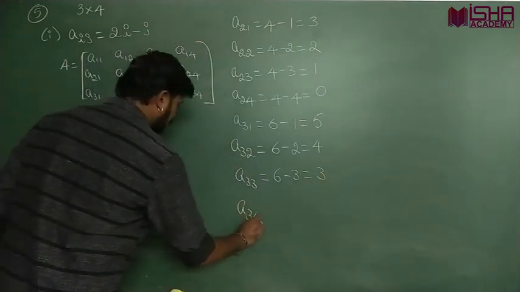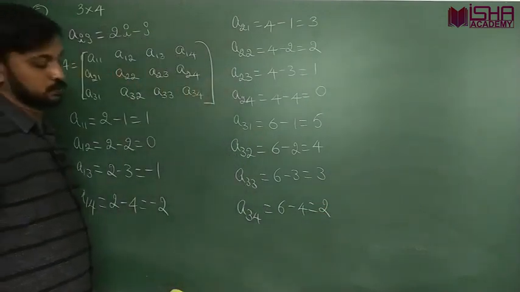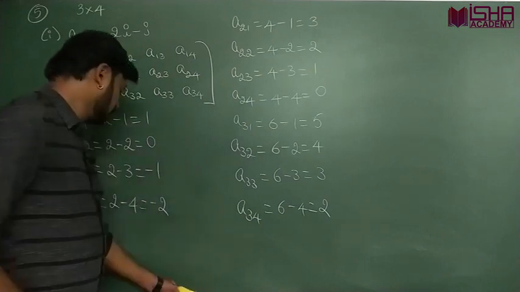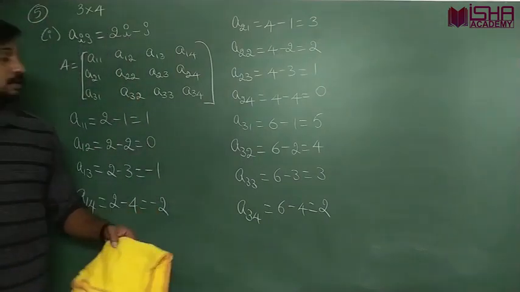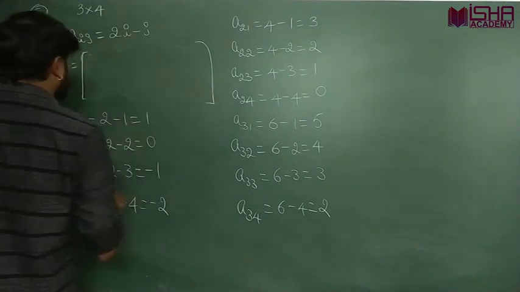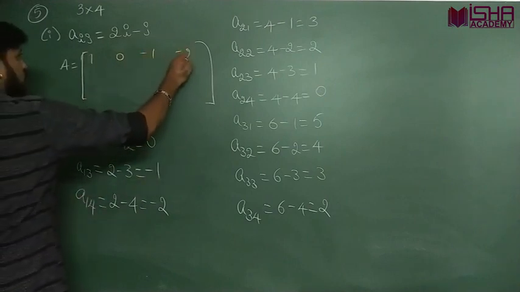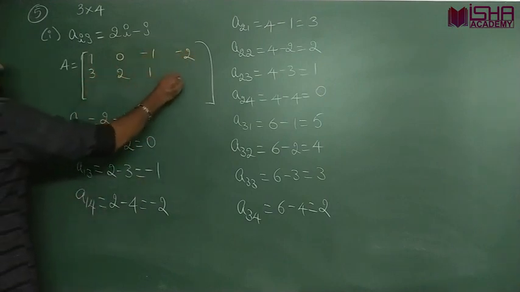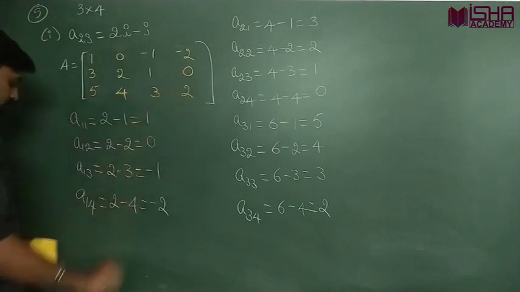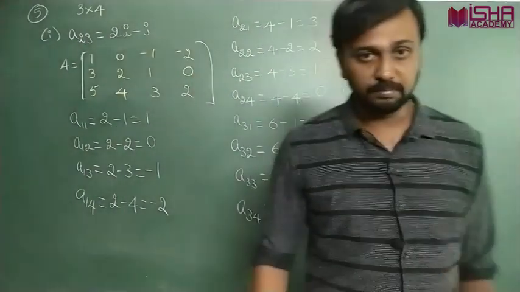And the last element, A34: 6 minus 4 is 2. Clear? Here you go. Therefore, A equals 1, 0, minus 1, minus 2; 3, 2, 1, 0; 5, 4, 3, 2. Correct? Understood? So that is your 3 cross 4 matrix. Clear?